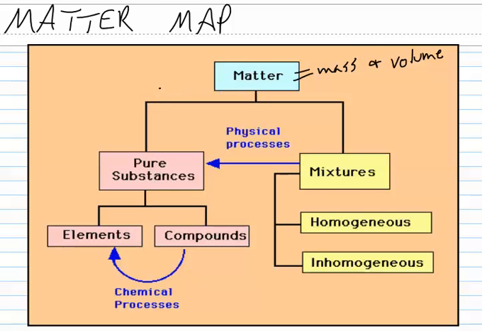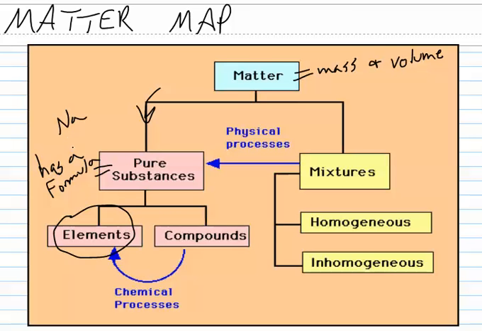So I'm going to go toward the left side here first, and let's talk about pure substances. You can find lots of different definitions for pure substances, but the way I think of it, a pure substance is something that has a formula. Something like sodium, that happens to be an element.